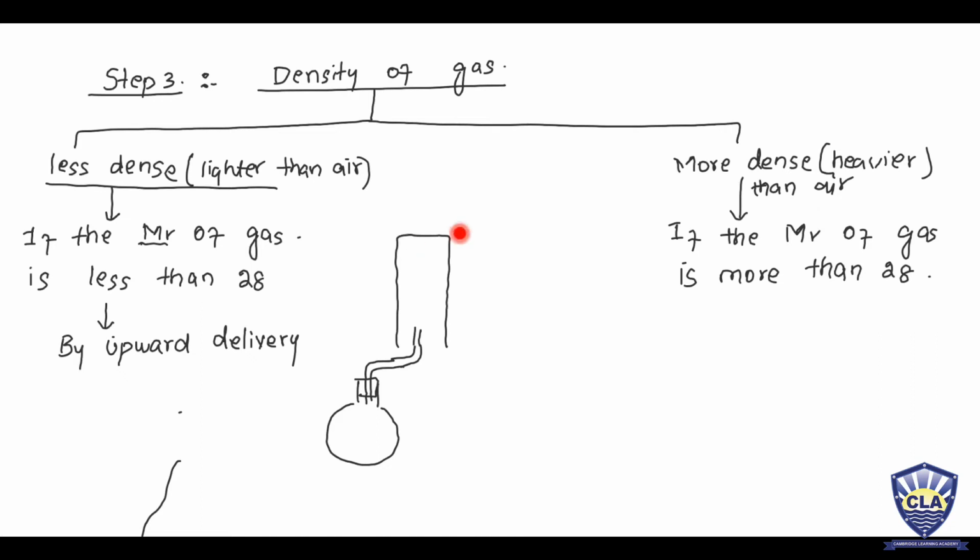So you should take the gas cylinder in the inverted position, and the gas will rise up. There is a place which will stop it from going up, so the gas would be collected. This method is called the upward delivery. Whereas if the gas is more dense than air, you can collect it by downward delivery.